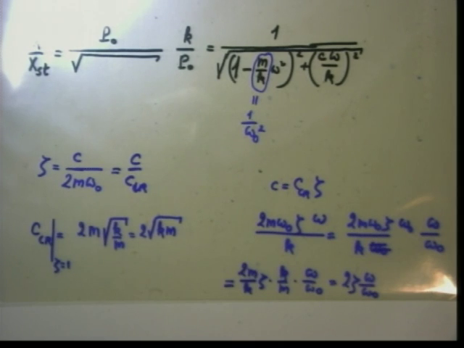Now, zeta equals C over 2m omega sub 0, or C over C critical. C critical we already calculated: 2 square root of Km. So therefore, we can write down that C equals C critical times zeta.